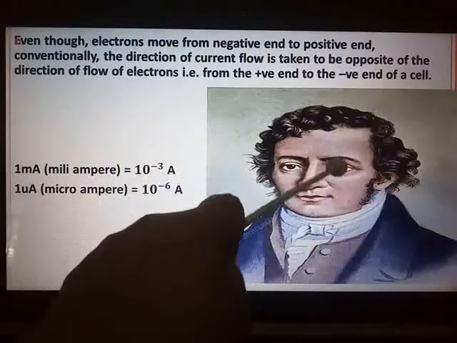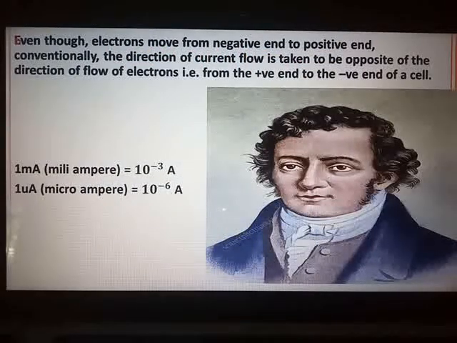You can see here the photograph of a French mathematician who was also a scientist, Ampere, and he conducted a number of experiments in the field of electricity. Today we can measure the amount of current flowing through a conductor, through a wire, only because of his efforts.